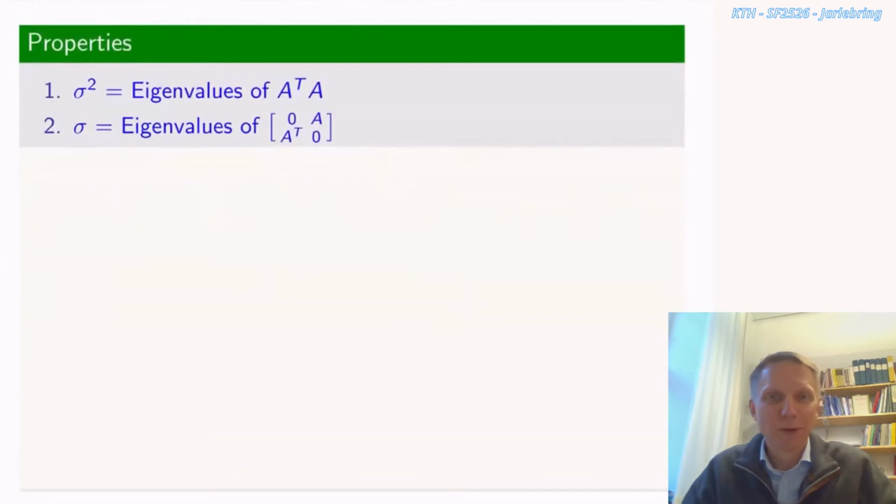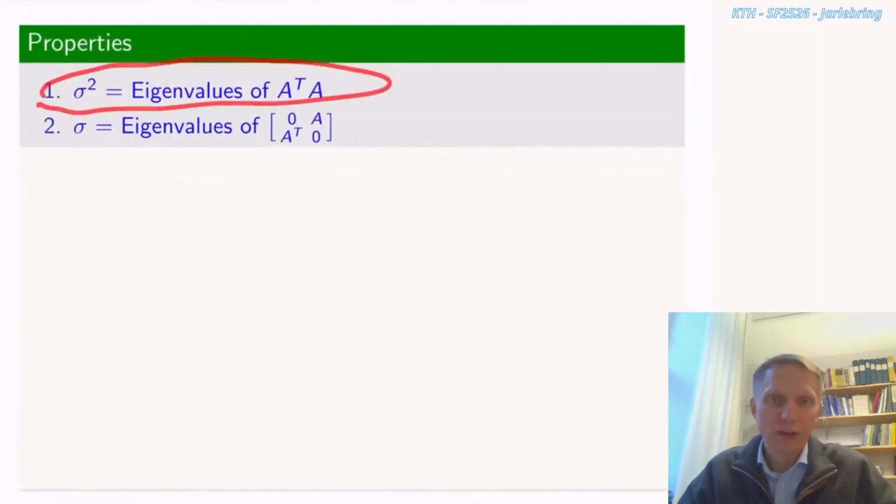Let's list a couple of properties of the singular value decomposition. The first two properties are related to how you can compute the singular values. The singular values are equal to the square root of the eigenvalues of this matrix here, A transpose A. Property 2 states that a subset of the eigenvalues of this matrix, [0, A; A transpose, 0], are the singular values.